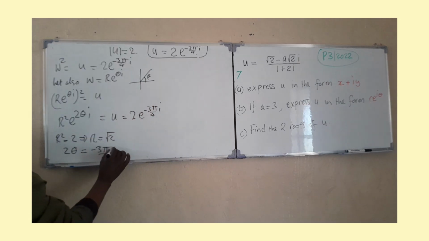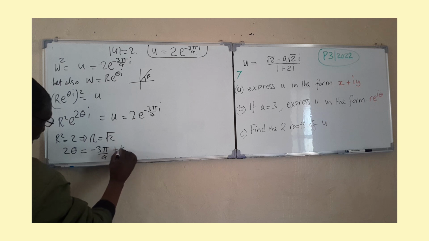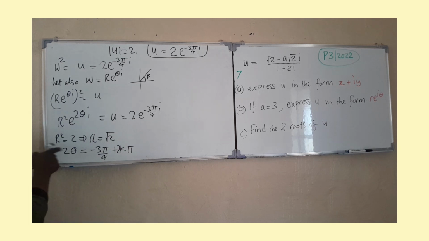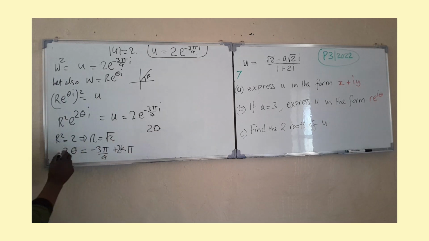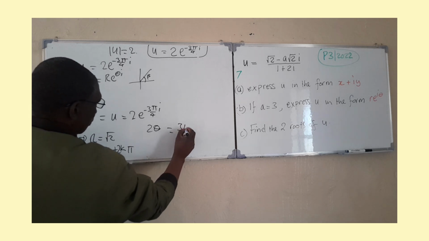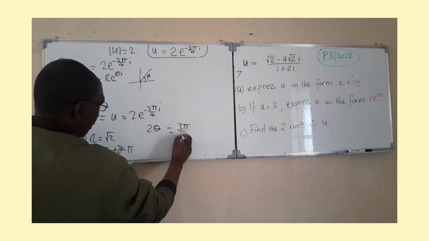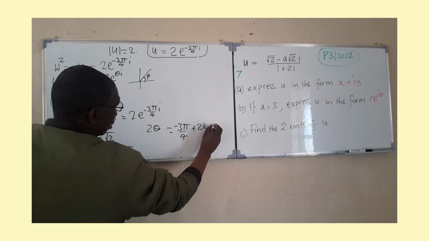So if I have to add here a constant multiple of 2 pi, which is 2k pi. So let me write it clearly here and say 2 theta here is equal to minus 3 pi over 4 plus 2k pi.